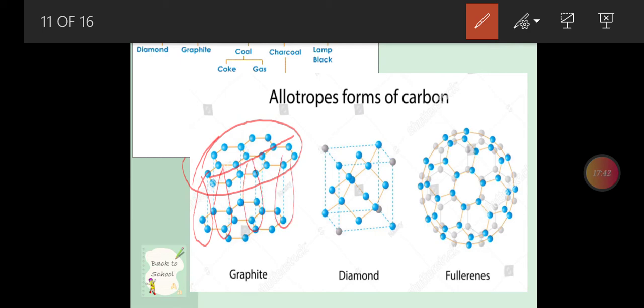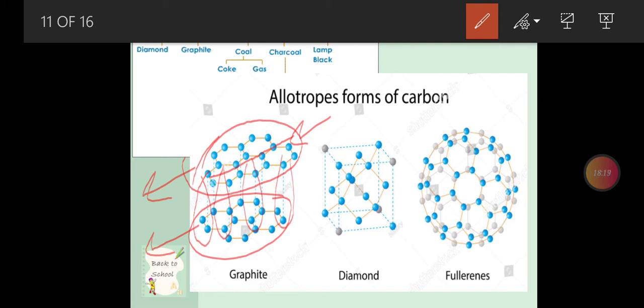As a result, these layers can slide on one another. If you apply pressure on one side, they can slide on one another and lose their shape. So weak bonds exist between the layers, and this allows them to slide over one another. This makes graphite soft. Now you can understand why I was a little reluctant to include it in the crystalline form, but still it is considered a crystalline form of carbon.